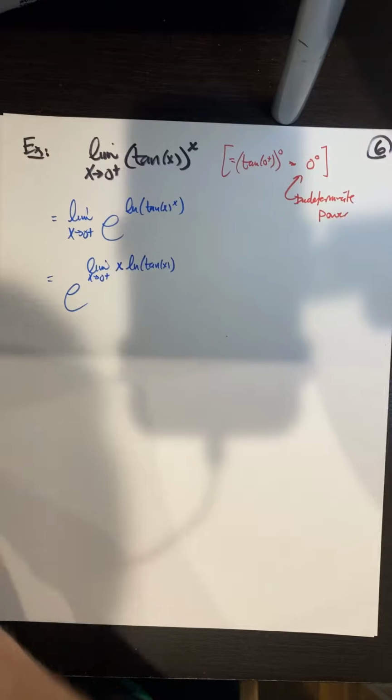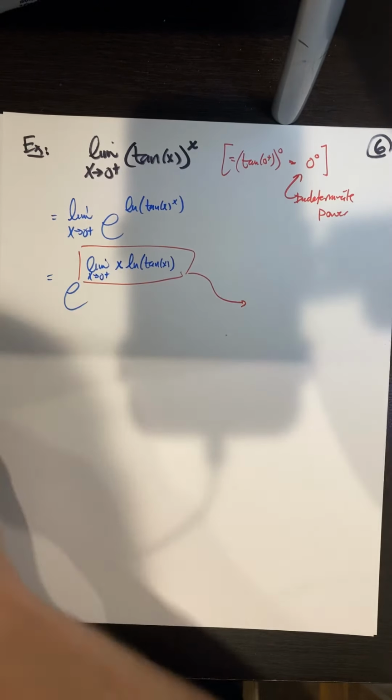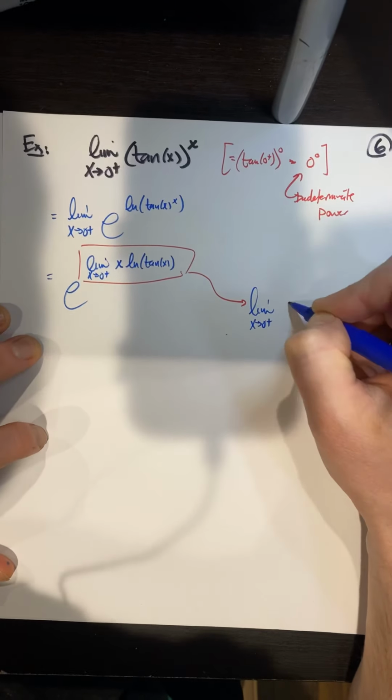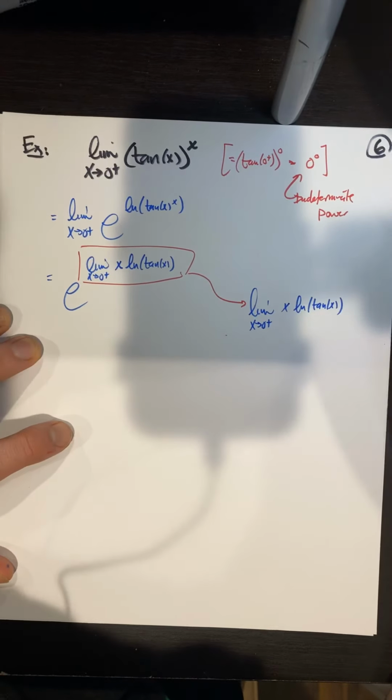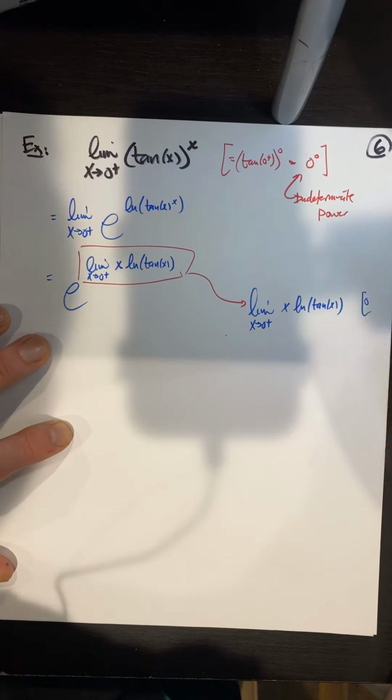Okay? So this is the limit that I truly want to perform. So I'll bring it down here: x ln of tangent. So if I plug in 0, I would get 0 times ln of 0, which is actually negative infinity.